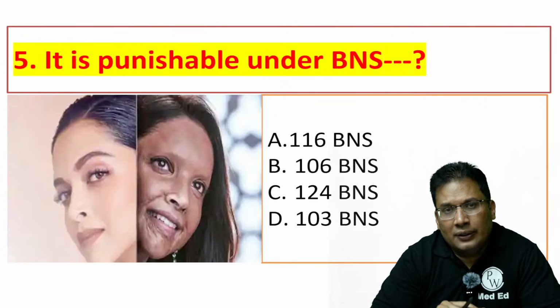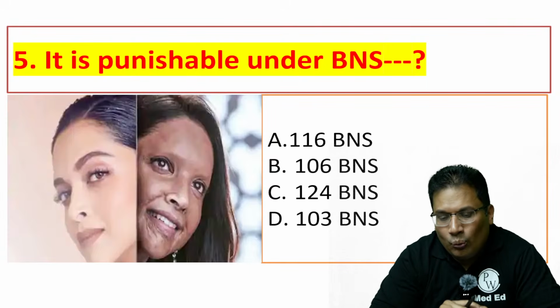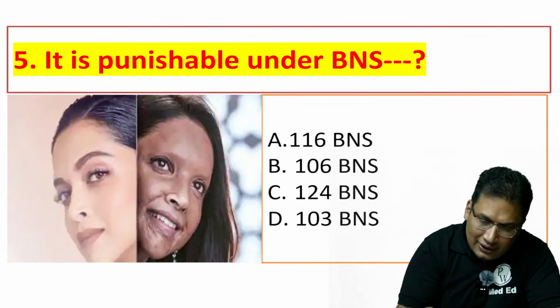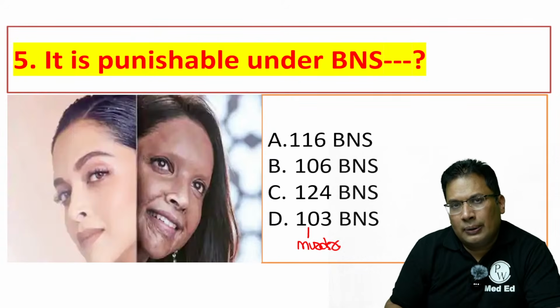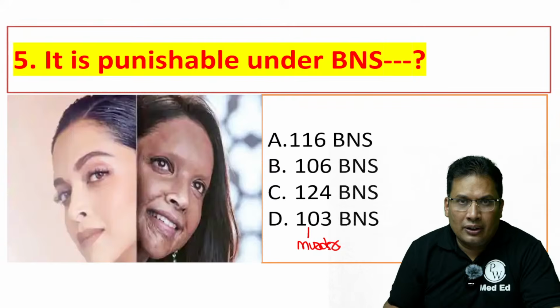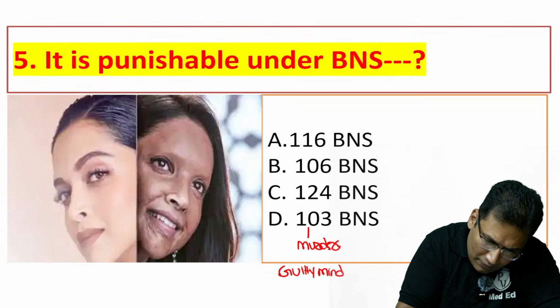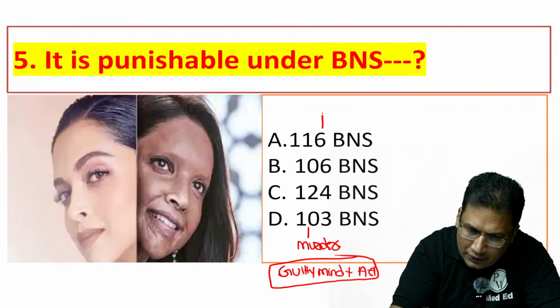You can see here the options: 116 is written, 106 is written, 124 is written and 103. Section 103 is murder. Murder means guilty mind and guilty act. So murder has two components, one is a guilty mind and a guilty act, planned murder, that is 103 BNS.